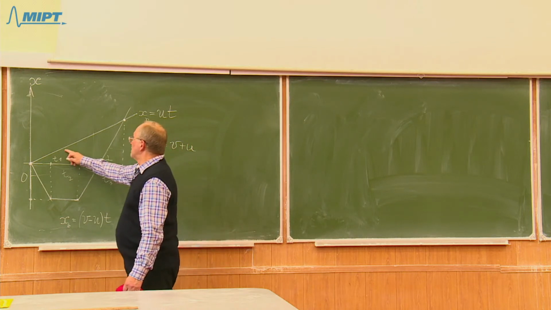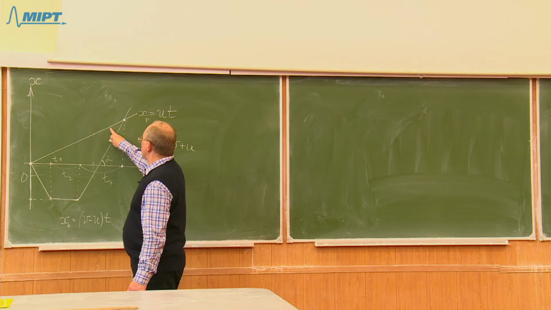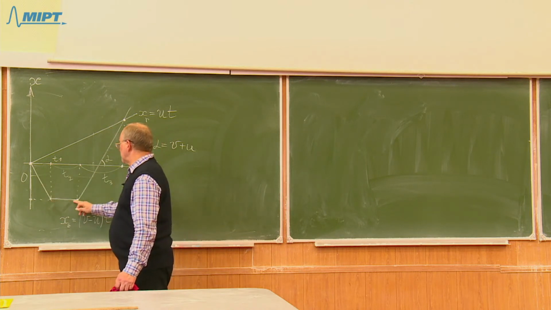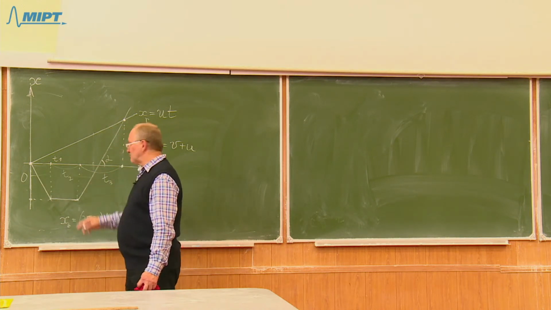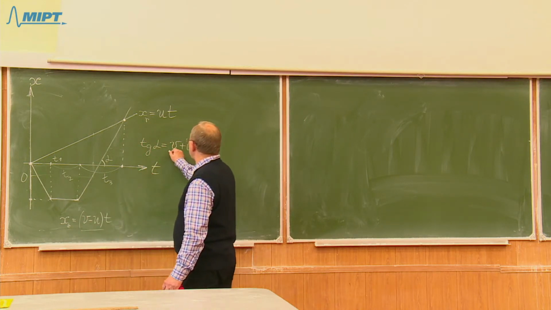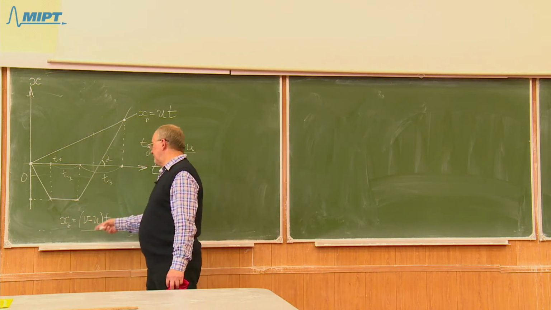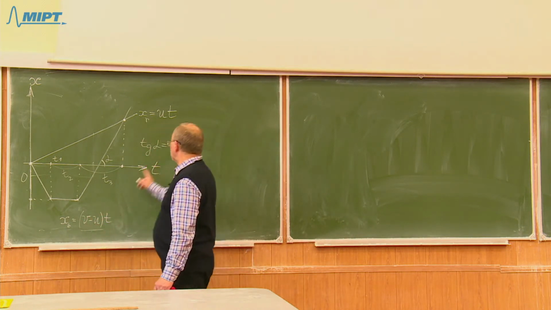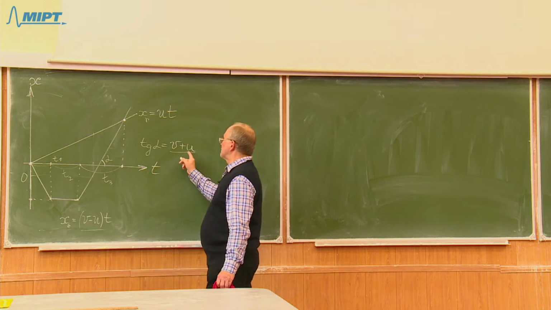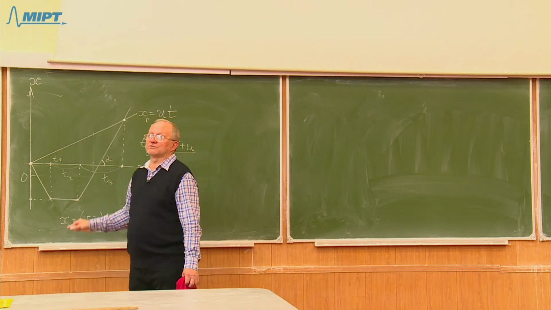Because this is the river flow with respect to the ground, and this is the velocity of the motorboat, again with respect to the ground, when we add velocities, or subtract one velocity from another if the boat goes upstream, or when we add velocities when the boat goes downstream. So all the velocities are shown here with respect to the ground.